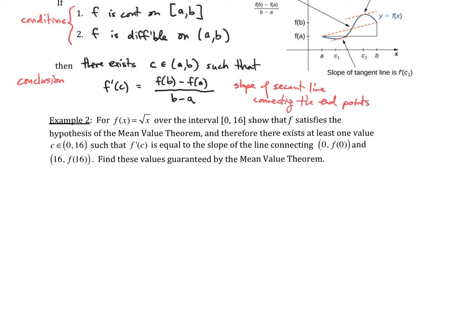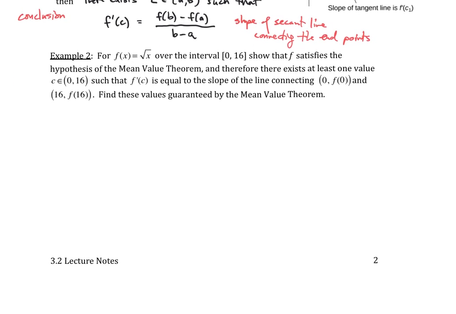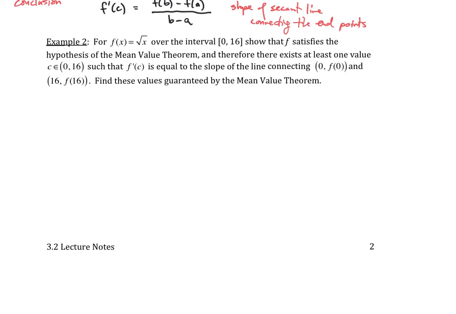Okay. Then lastly, we want to find these values guaranteed by the mean value theorem. So let's take a look at this. The first thing we could say is that f is continuous on really the interval from 0 to positive infinity, because that's the domain of the square root function, right?